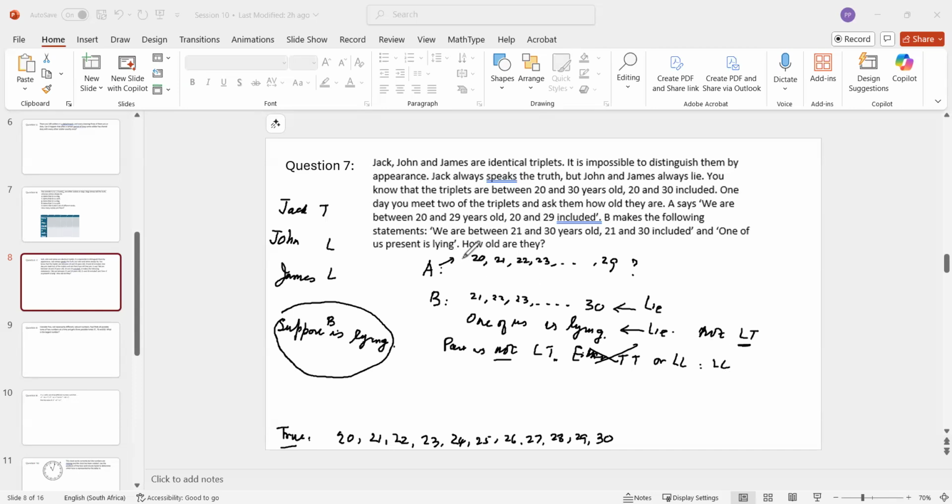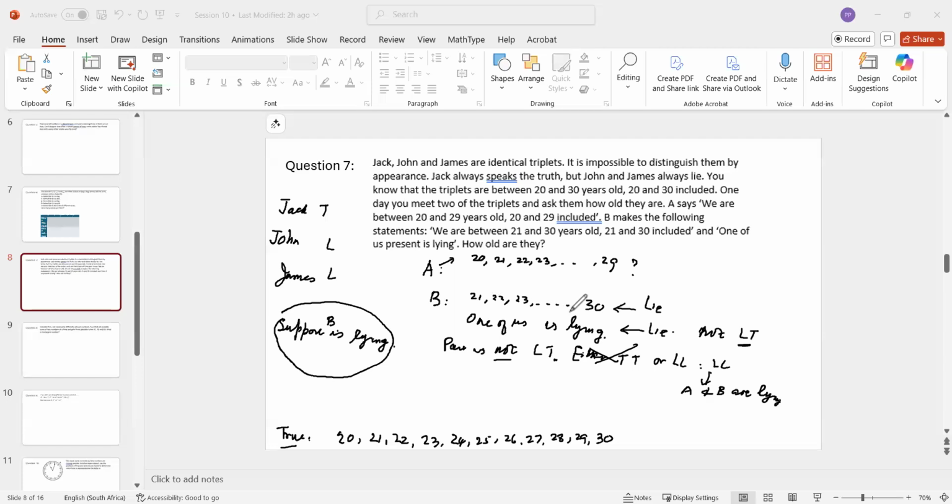So now that means that A is lying, and B is also lying. A and B are lying, because we are assuming that B is lying. Now we come to the conclusion that both are lying, therefore A is lying.